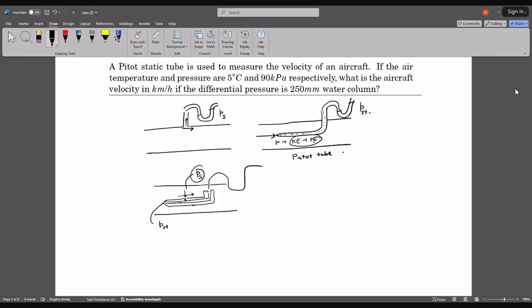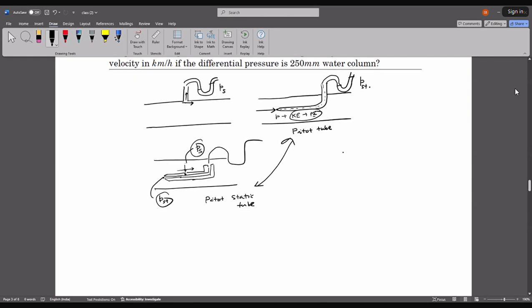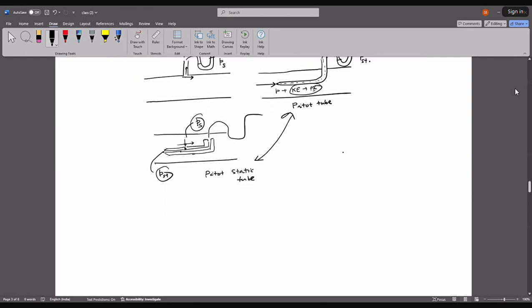But here the fluid molecules come to rest, so that gives you stagnation pressure. So this is the pitot static tube. This is the difference between pitot tube and pitot static tube.